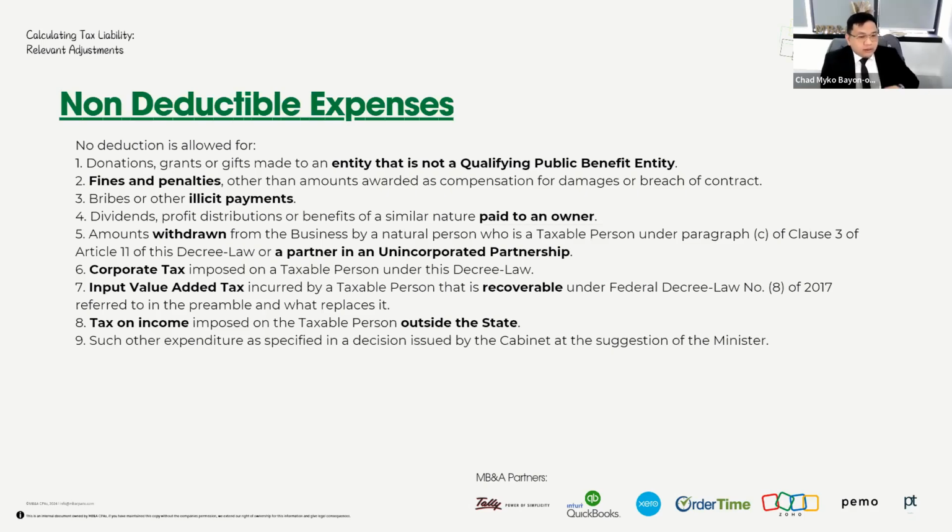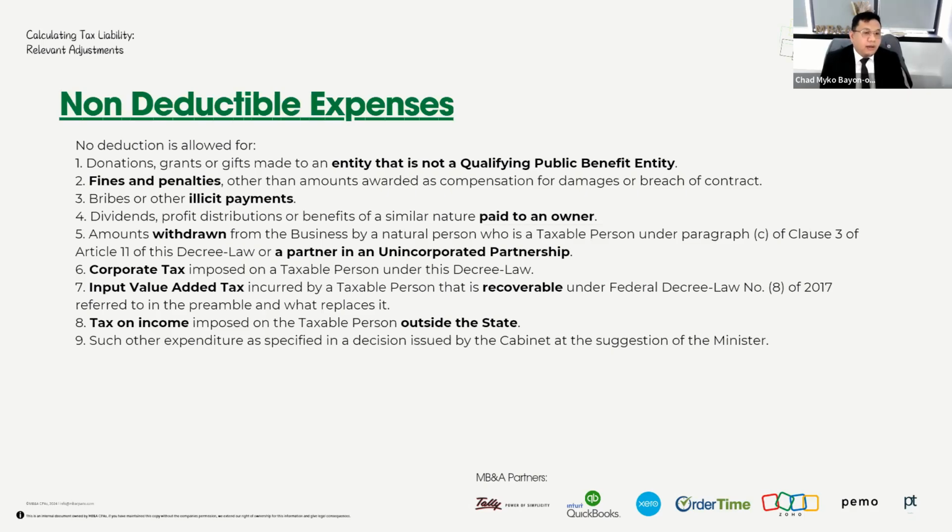And we have the input VAT, or the value added tax that could be recoverable, but you did not do some recovery of that certain input VAT. So if it is recoverable input VAT, then it should be recovered and it should not be part of your deductible expenses.